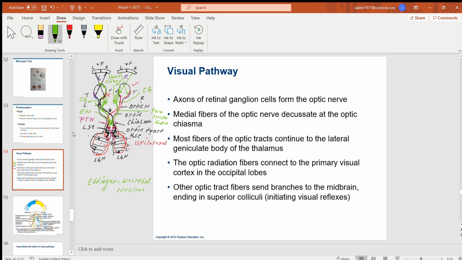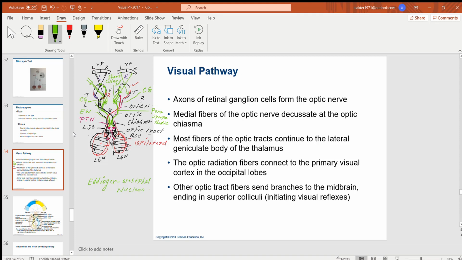Okay, so now, if I put light, let's say this is the source of light, I am putting light on this nasal hemiretina.